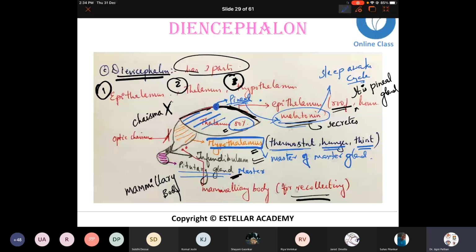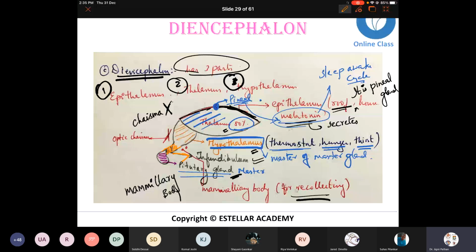Everything is present in the hypothalamus. Below the hypothalamus there is the pituitary gland, connected through a tissue called the infundibulum.